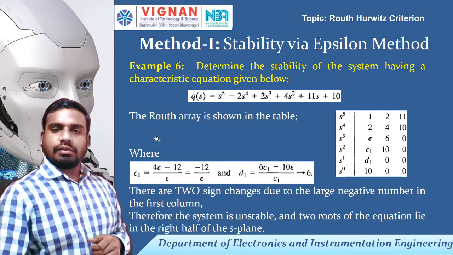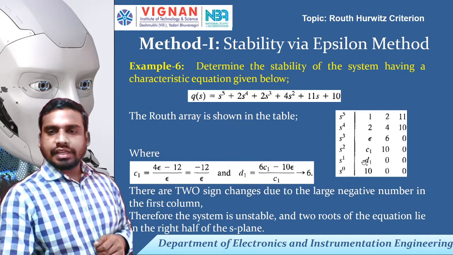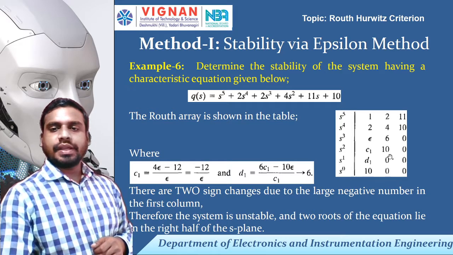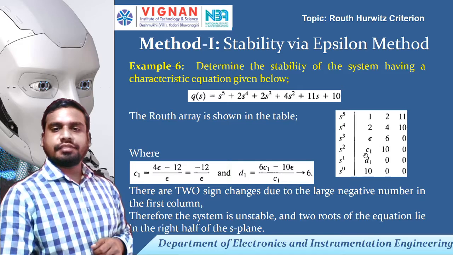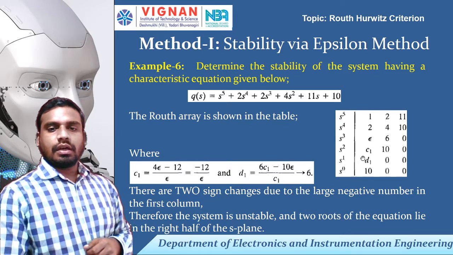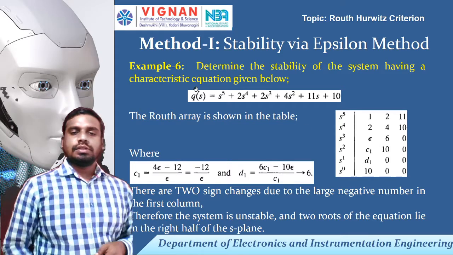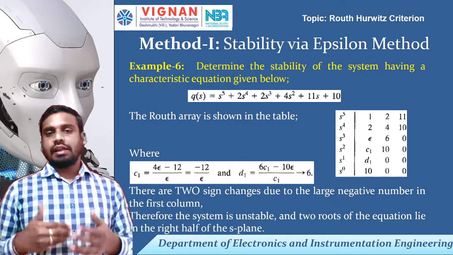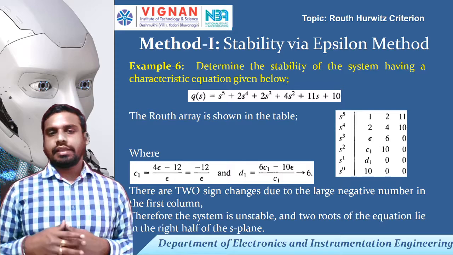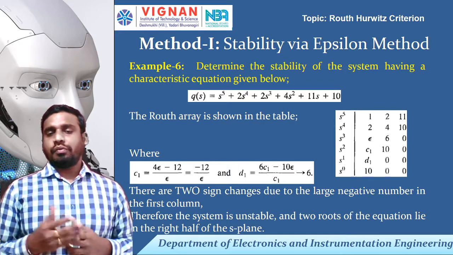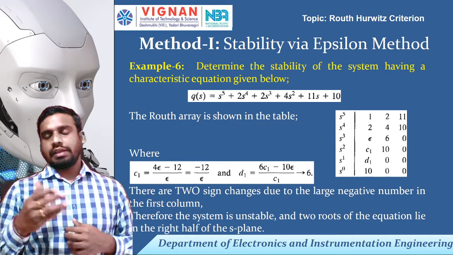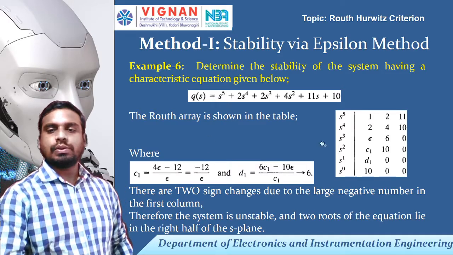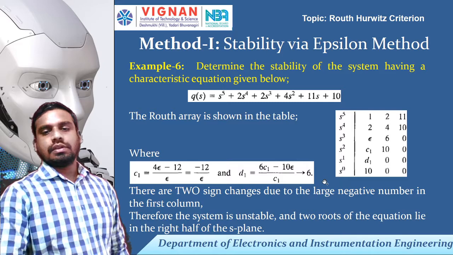Similarly, you can calculate d1 here. How to calculate d1? 6 into c1 minus 10 into epsilon, by c1. There are two sign changes due to the large negative value. If you take any positive real value more than 1, C1 is minus 12, and you get sign changes.